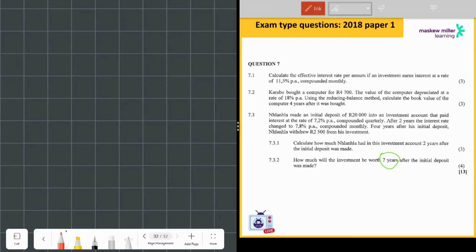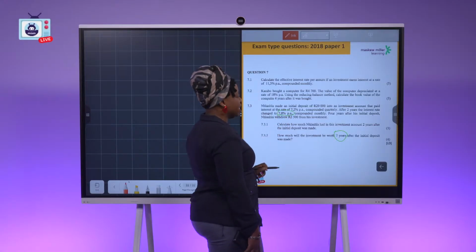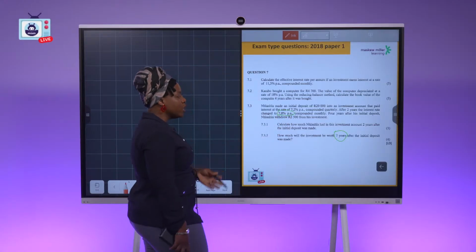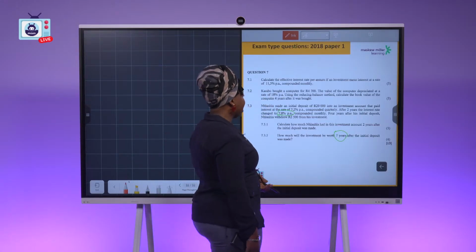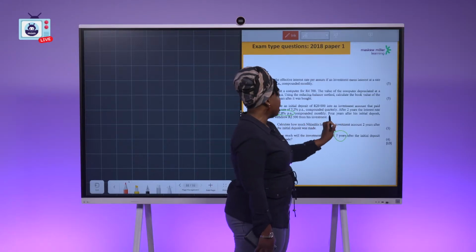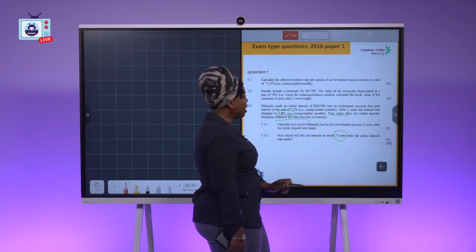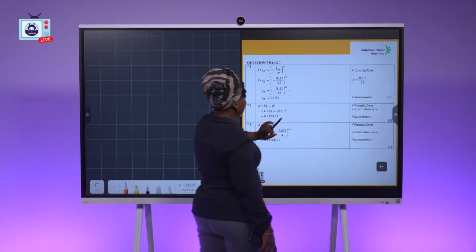If you go back to the statement, you will see that you have been told that there's another interest that came after 2 years, right? So this interest will work right after the 2 years. And you were also told that there was a withdrawal that happened sometime during the 4 years of the investment. So that's how we're going to respond to the question.